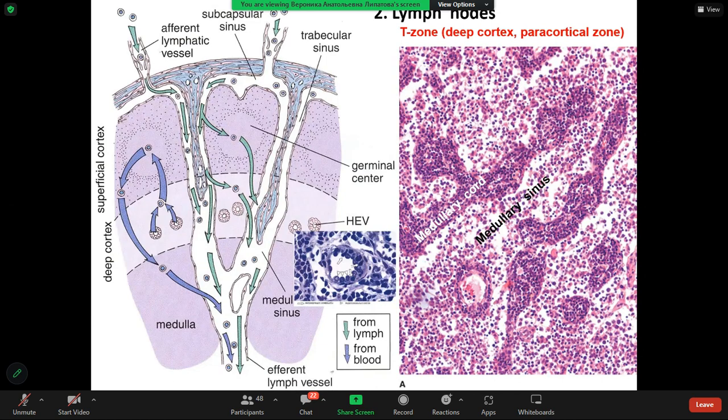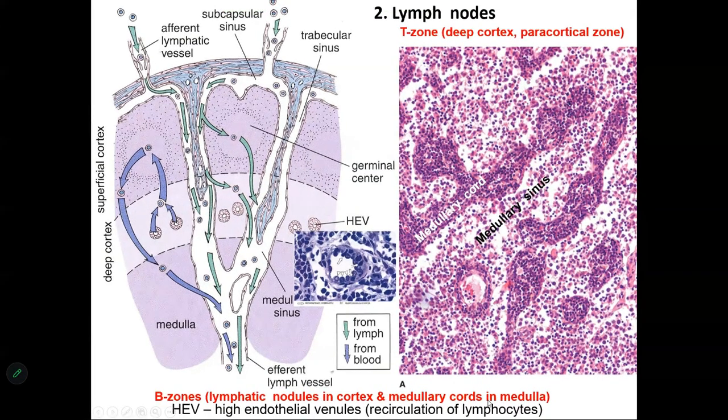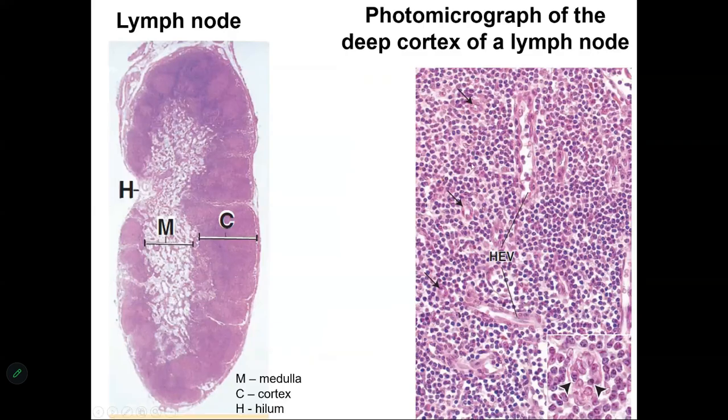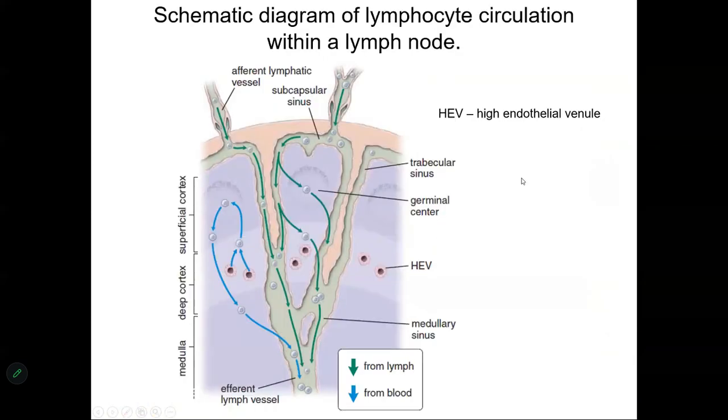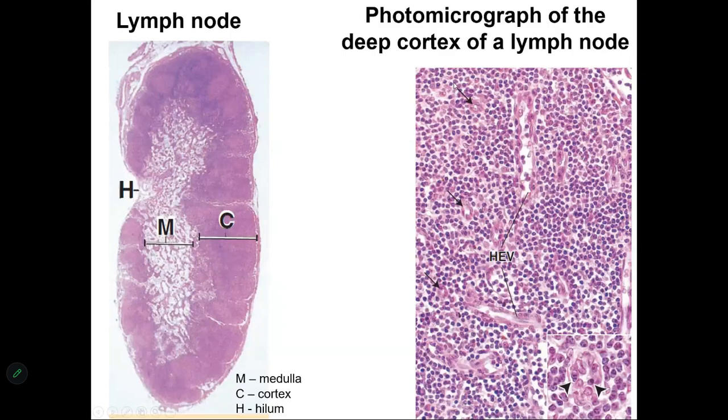B zone, lymphatic nodule in cortex, medullary cords in medulla. This medullary sinus is lined with endothelial and reticular cells. This picture demonstrates also a deep cortex.